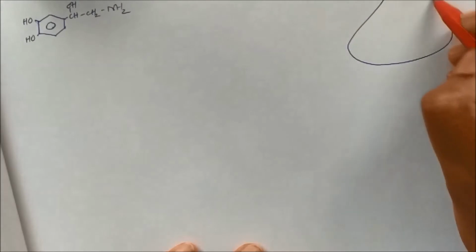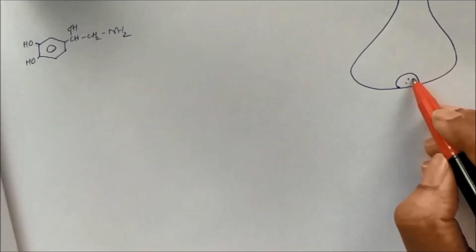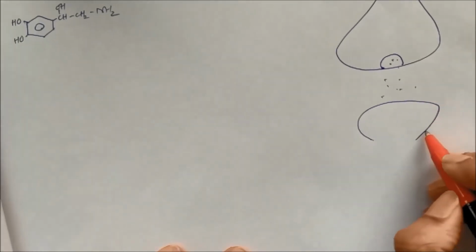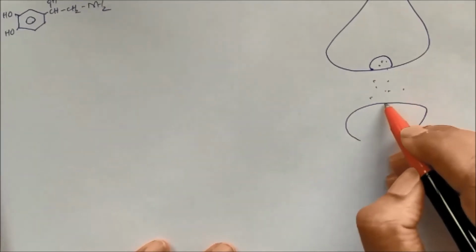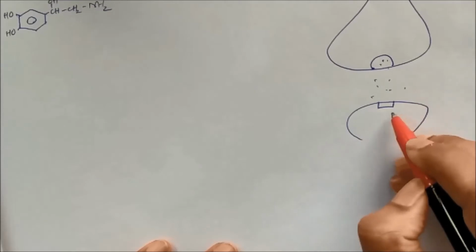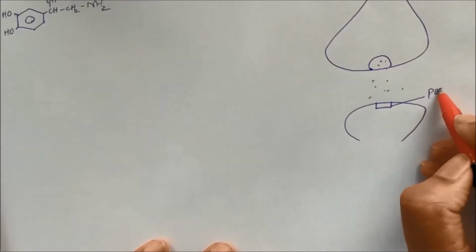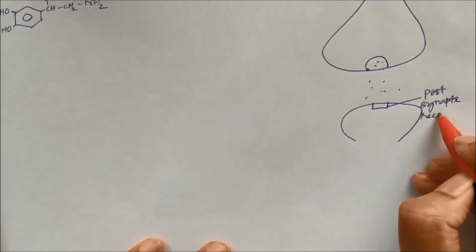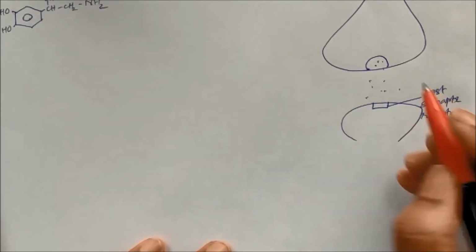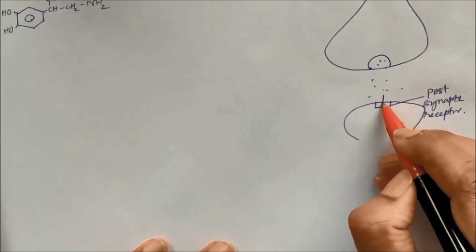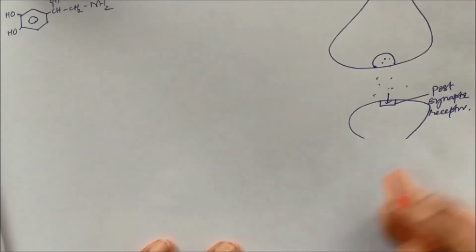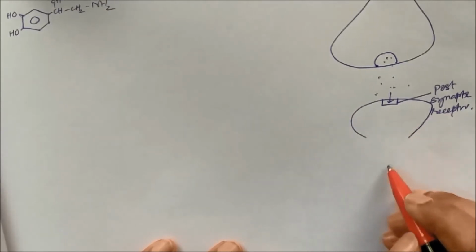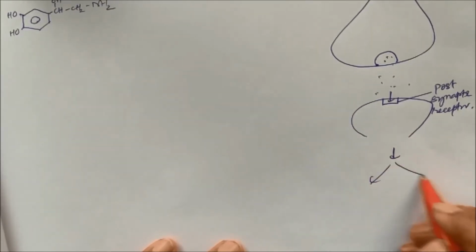After the release of the neurotransmitters, these neurotransmitters can act on specific postsynaptic cells, and again there are receptors. These receptors are called postsynaptic receptors, and the neurotransmitters bind to them to show their actions, and this can cause either depolarization or repolarization.